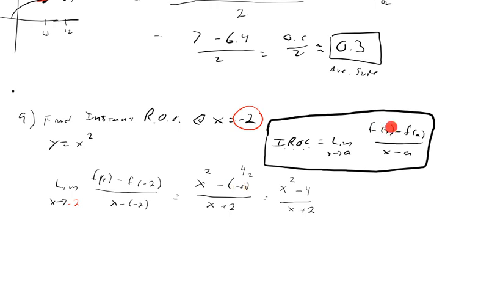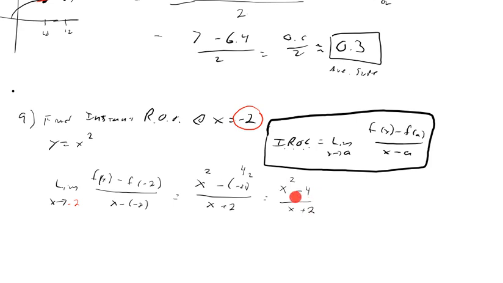The way we use this formula is you have your equation, you plug your equation in first, leaving the x by itself. Just use the equation minus the equation with the point plugged in. Equation minus the value. At the bottom it's x minus the value.